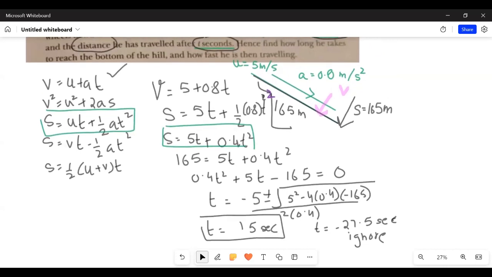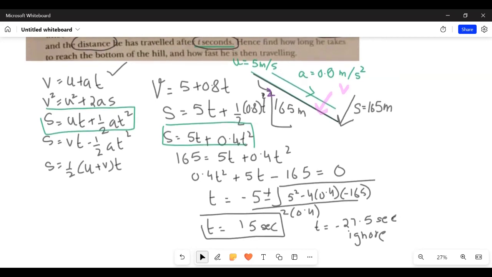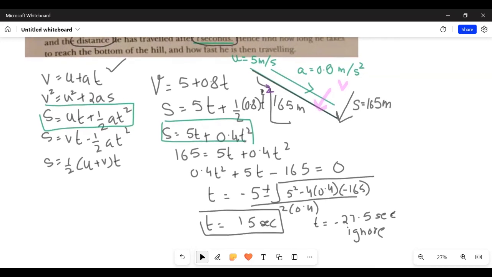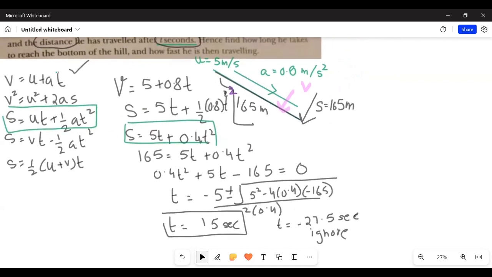And also you have to find the final speed: how fast is he then traveling. So you have to find v at the very end of the slope. Now we have so many parameters.